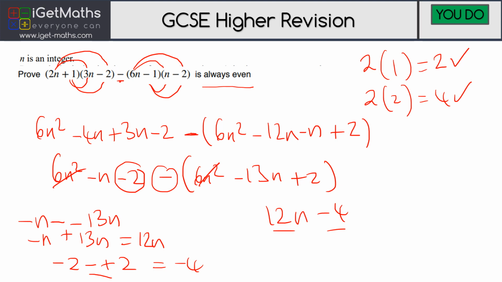So that gives us 4 bracket n minus 1. And remember, like we said, if we've got an even number on the outside, no matter what was on the inside, 4 times whatever this would be would give us an even number. So therefore we've proven that this would always be even.